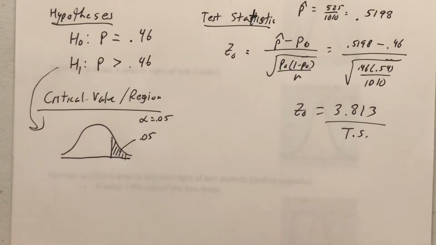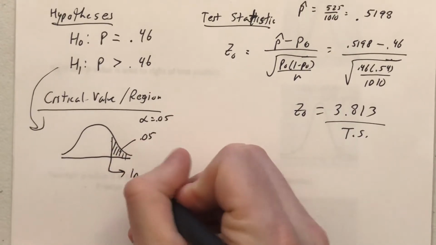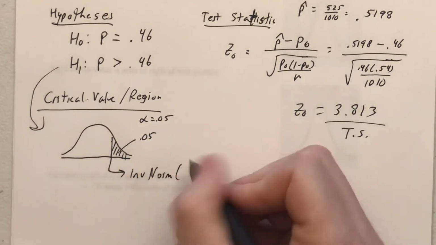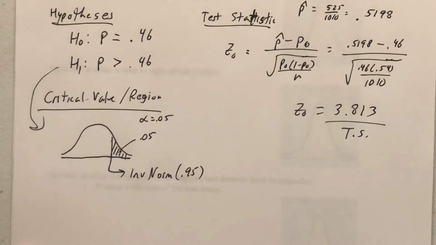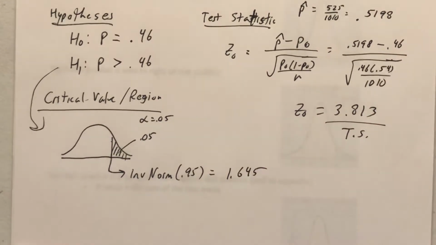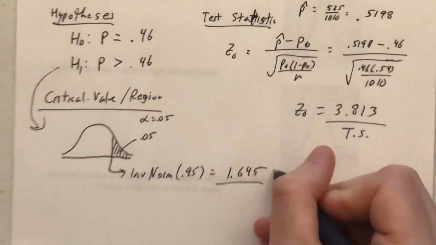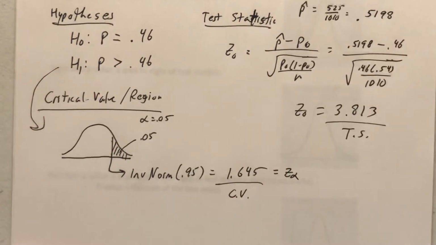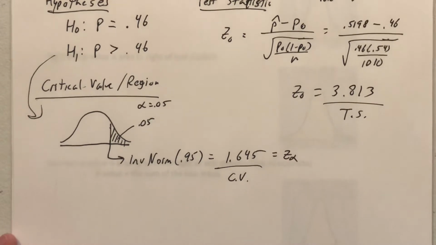Once you've got that picture labeled in that way, you can jump right to using inverse norm. In this case, if this is 0.5, to its left is 0.95. So we need inverse norm of 0.95, which is 1.645. And there, we would use the notation of Z alpha, or label it the critical value that we just found.